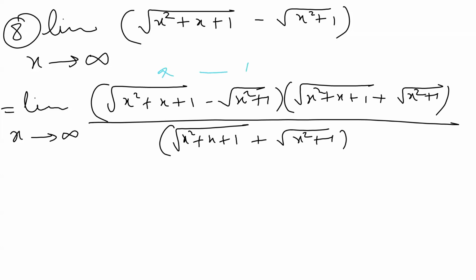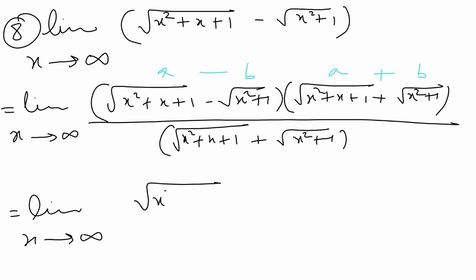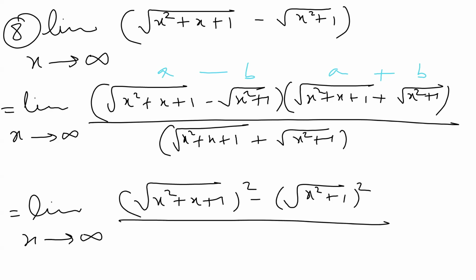So here it is a minus b upon a plus b, a square minus b square.